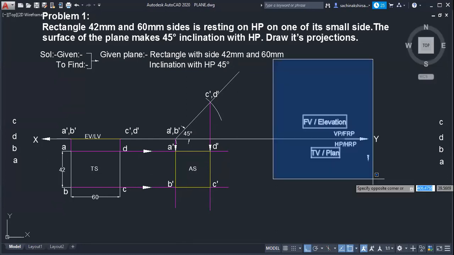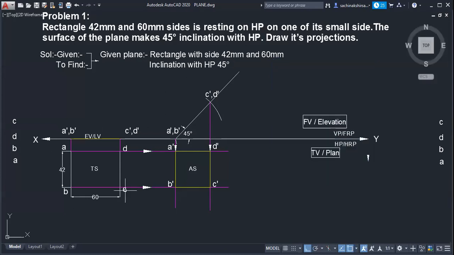It was there for lines also, and will be there for our future solids and sections. XY line, front view elevation, VP, FRP, HP, HRP, TP, top view will be common to all. Have you understood? Any problem? No, sir.